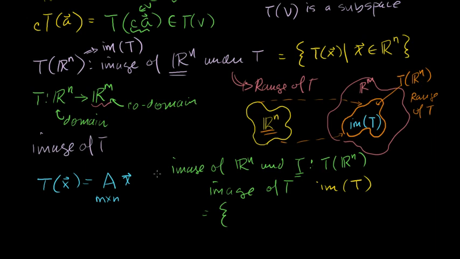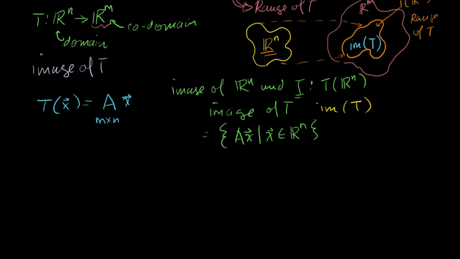Well, all the transformations of x are going to be Ax, where x is a member of Rn. So x is going to be an n-tuple where each element just has to be a real number. So what is this?